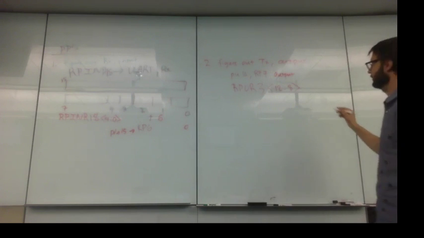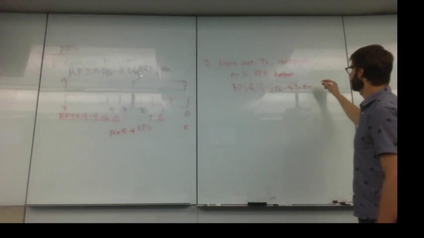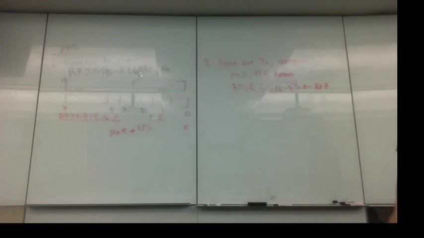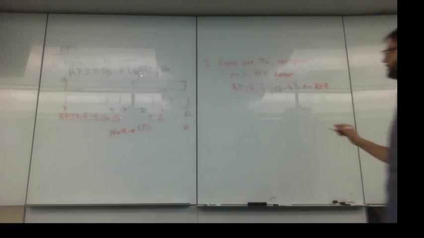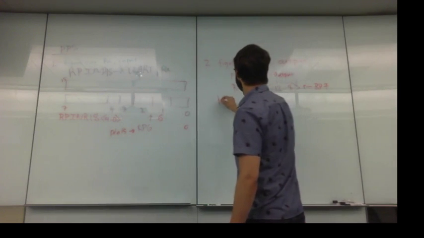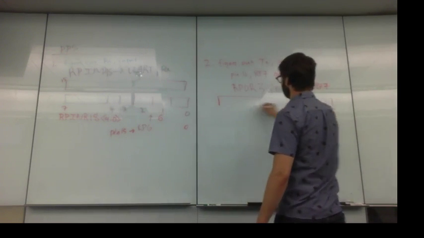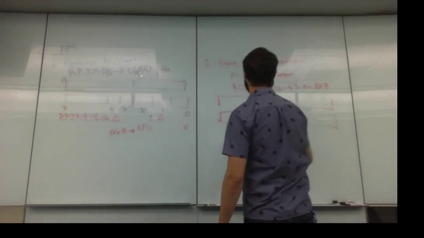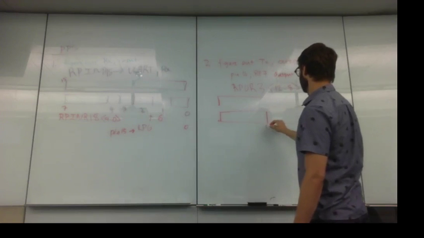Okay, so this tells you what goes into RP7. So what RP7 is mapped to. So RPOR3 is this 2-byte register, and it's got bits 0 through 4.